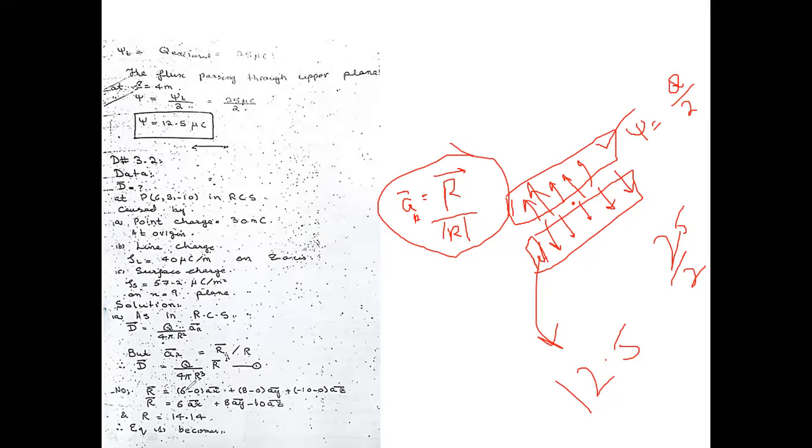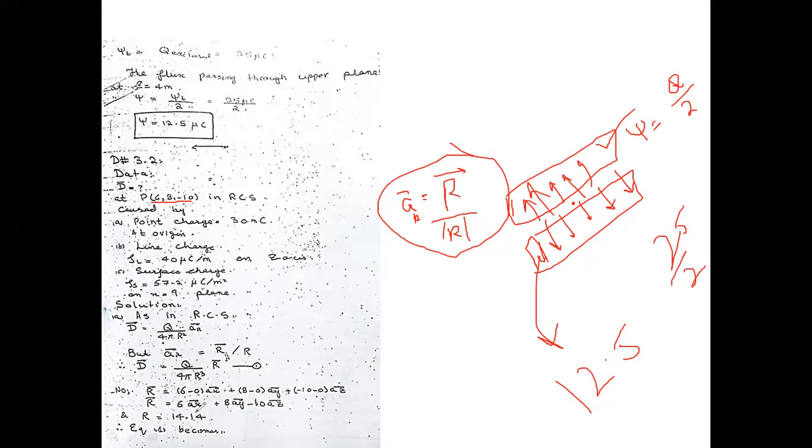This is r, 6 minus 0. It means the q is located at the origin, and we have the point of observation at 6, 8 and minus 10. So 6 minus 0, 8 minus 0, and minus 10 minus 0.